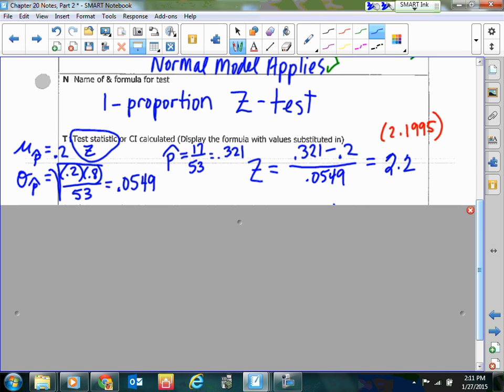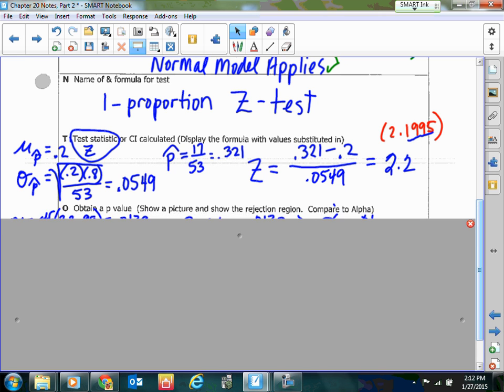So sample minus the mean, the distance away, in terms of the standard deviations, over the standard deviation. P hat minus the mean over the standard deviation is 2.2. I normally like that written to 2 decimal places, but the reason it's not is because it's 0.1995, so that kind of rounds to 2. Not much else you can do with that. Okay, so there we go.